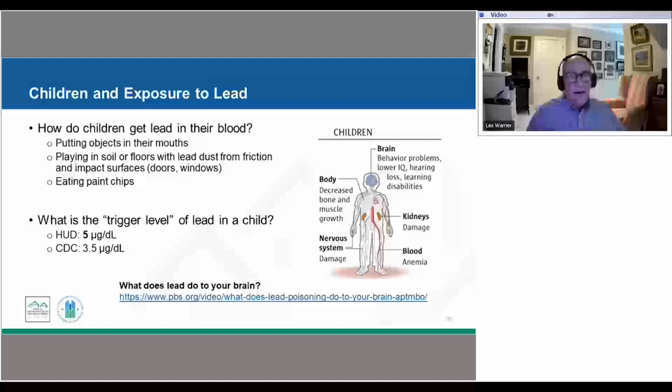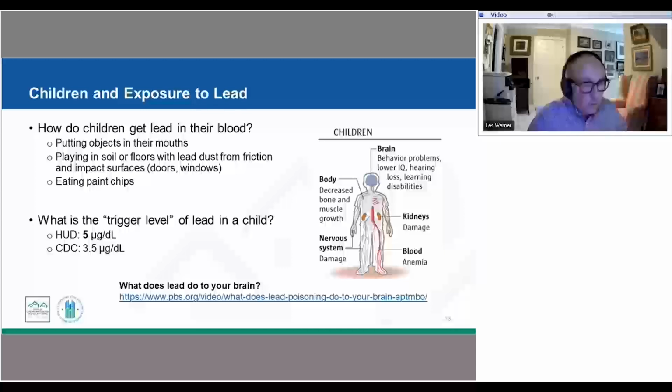We could have impact surfaces where we have unstable paint surfaces. And if we have chipping or peeling paint, we could have ingestion of lead through eating the paint chips. I'm told that lead paint is a little bit sweet and makes the lead chips a little more interesting. I can't say that I've sampled one myself.